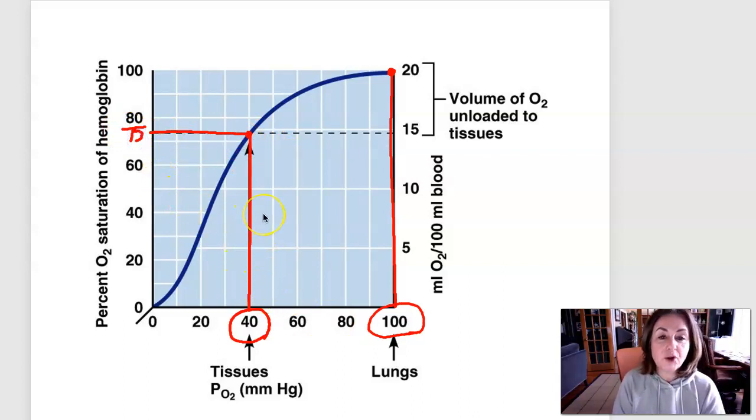So even after the blood leaves the tissue, the deoxygenated blood, so to speak, still has 75% oxyhemoglobin and 25% deoxyhemoglobin. So that's how this is read.